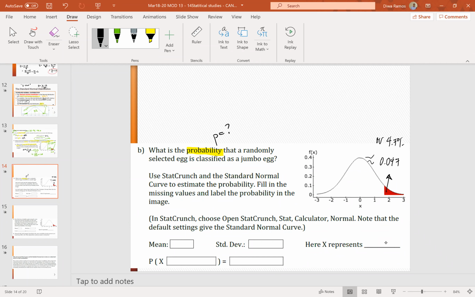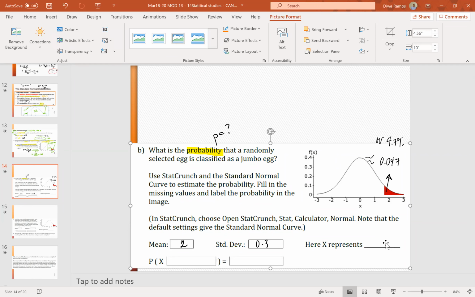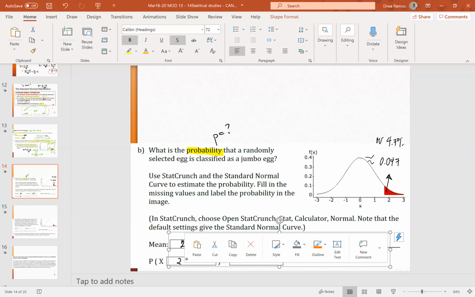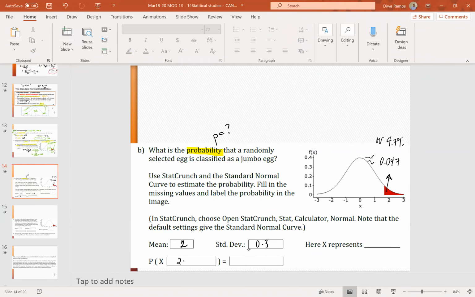The mean was 2, the standard deviation is 0.3, this is 2.5, and this is approximately 0.047. And X here represents the weight of the jumbo chicken egg.